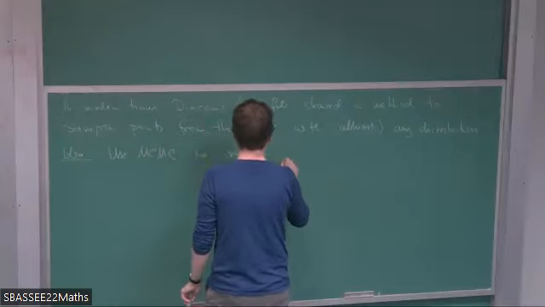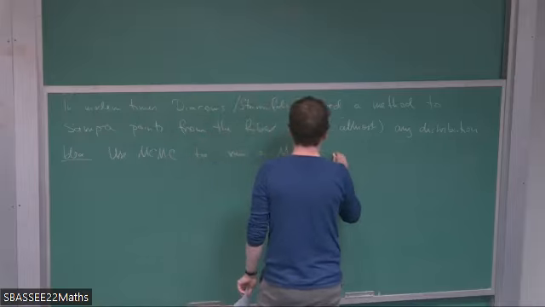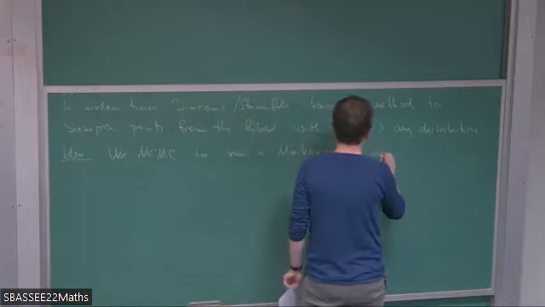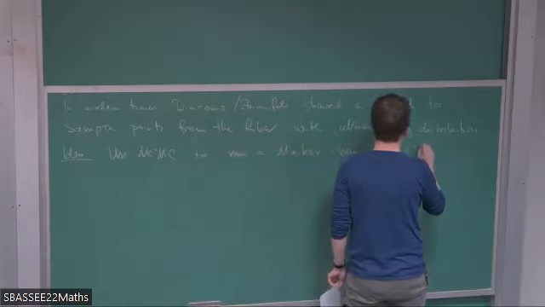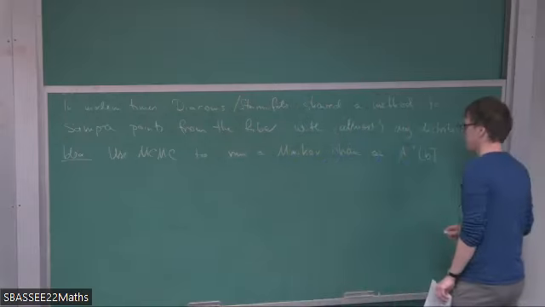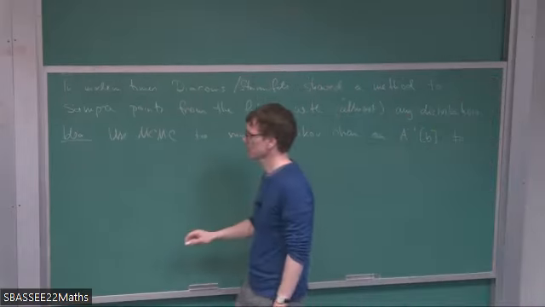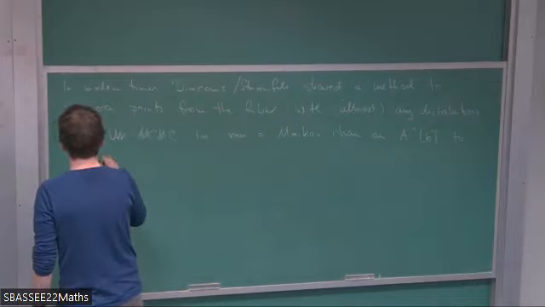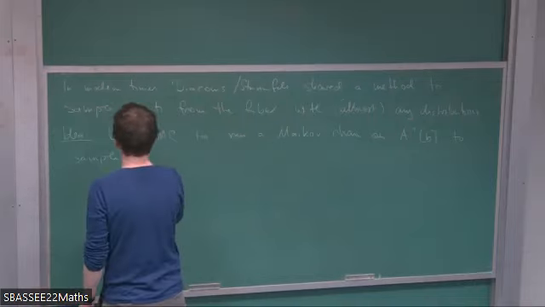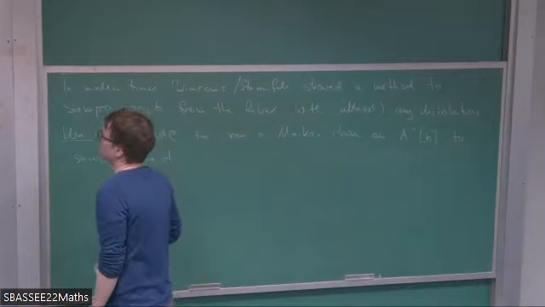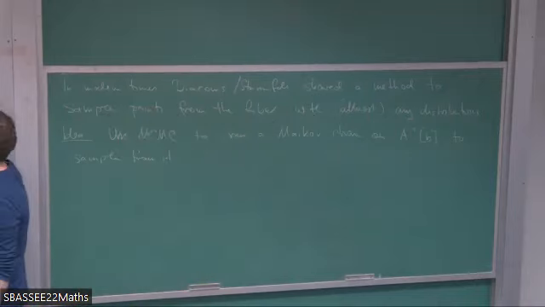Run a Markov chain on A inverse of B, the fiber, to sample from it. So you somehow construct a random walk that walks around randomly on the fiber, and you let it run for a long time, and then you are at some point and you say, that's my sample. Then you let it run again, you're at some point, and that's my next sample.